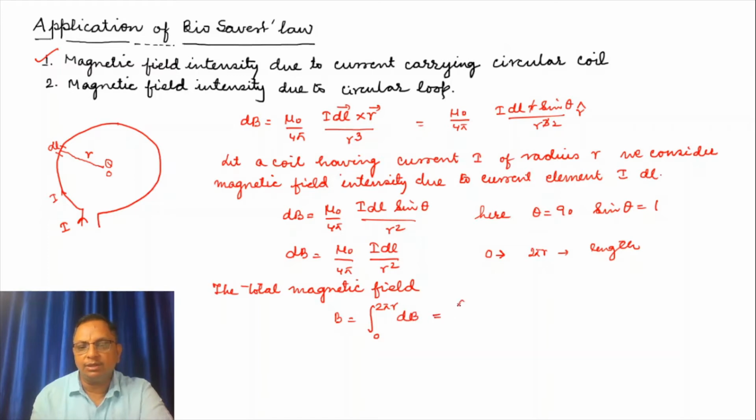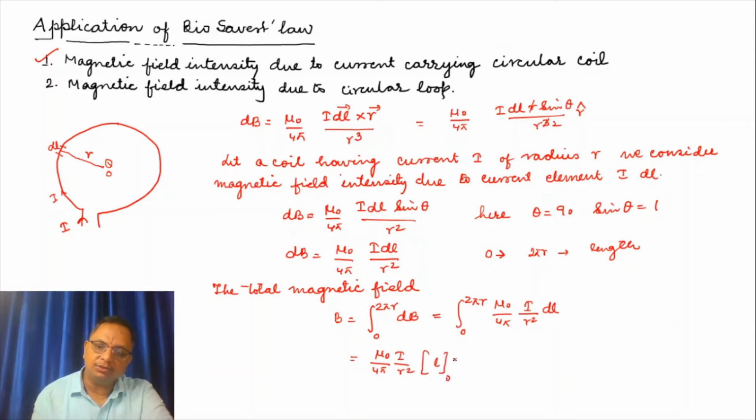We use here the integral from 0 to 2 pi r of mu 0 over 4 pi I over r square into dl, and we take outside mu 0 over 4 pi I over r square, with the integral of dl from 0 to 2 pi r.